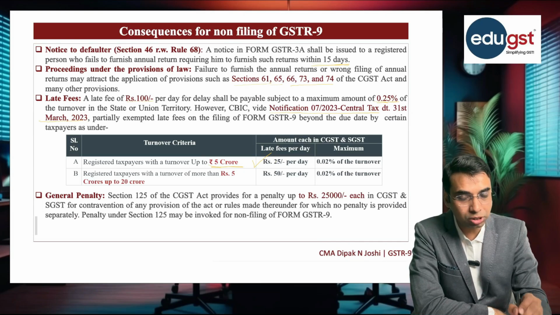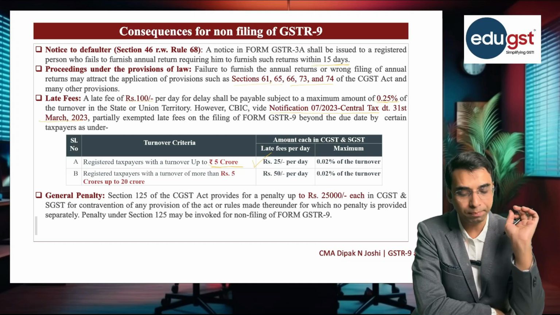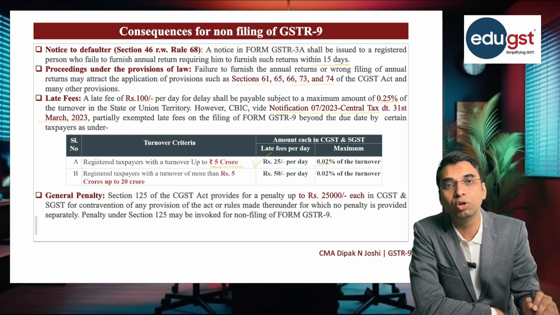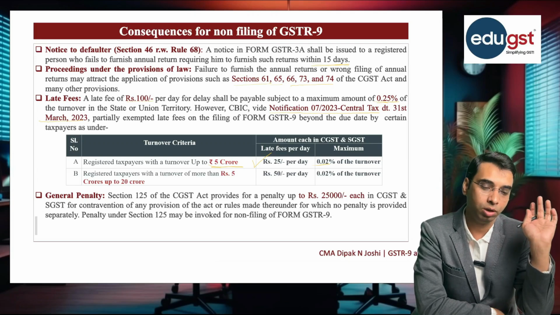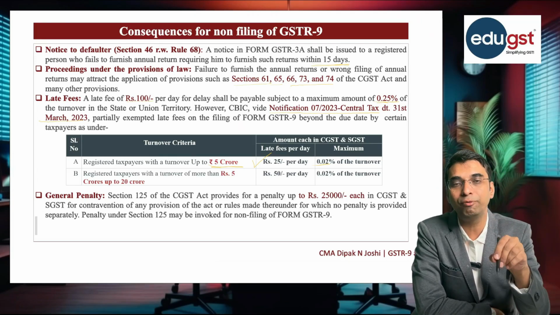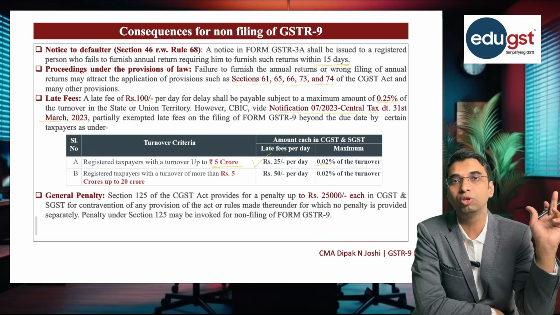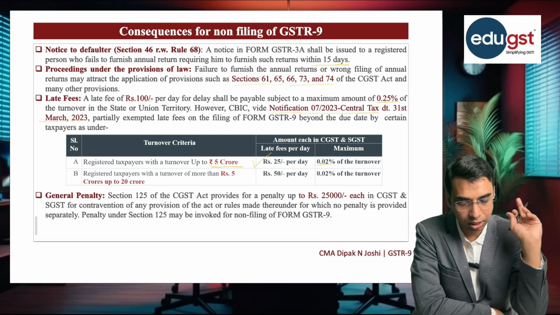So in this case, आपको सिर्फ 25 रुपए का per day late fee pay करना है, subject to maximum late fee of 0.02% of the turnover. Now this is CGST. So 25 rupees in CGST, 25 rupees in SGST, subject to maximum 0.02% of your turnover.